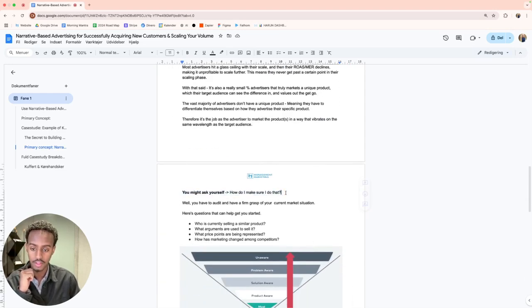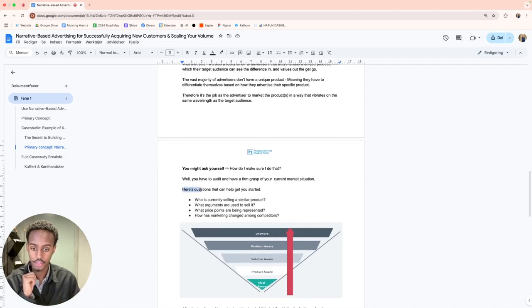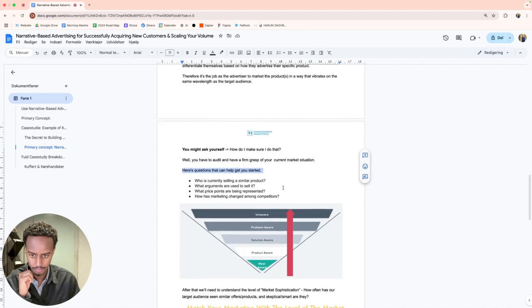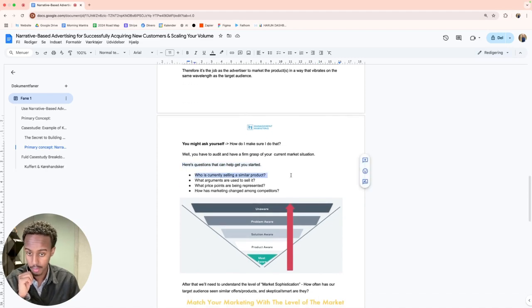And you might ask yourself, well, how do I make sure that I do that? Well, you have to audit and have a firm grasp of your current market situation. You have to understand your market a lot better than your competitors do, because marketing is essentially dependent on how the market is looking. And here are some questions and statements that can essentially help you get started.